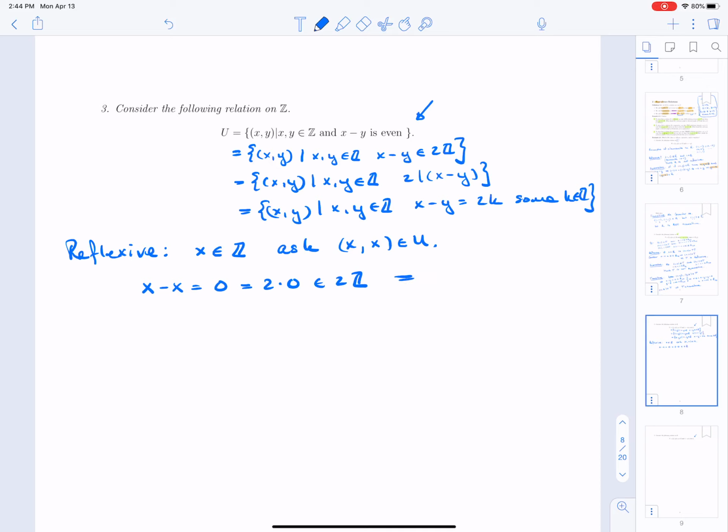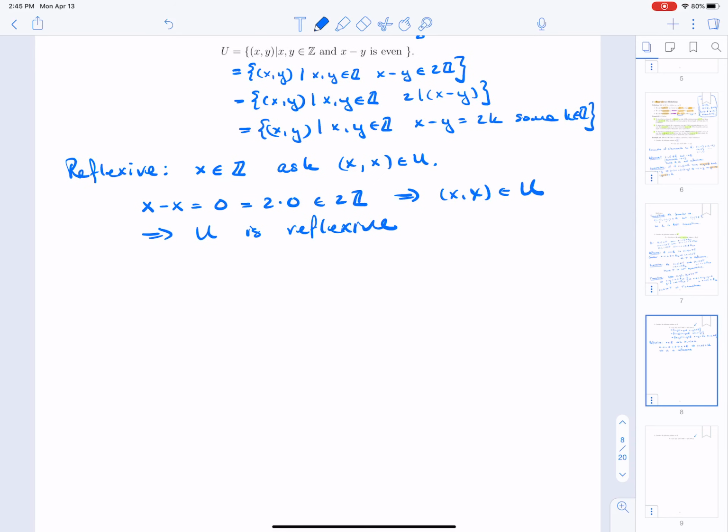And so that tells me that x, x is in the relation U, and that U is reflexive. No matter what integer I start with, I can always pair that integer with itself, because the difference of the integer and itself is 0, which is a multiple of 2. So it is reflexive.